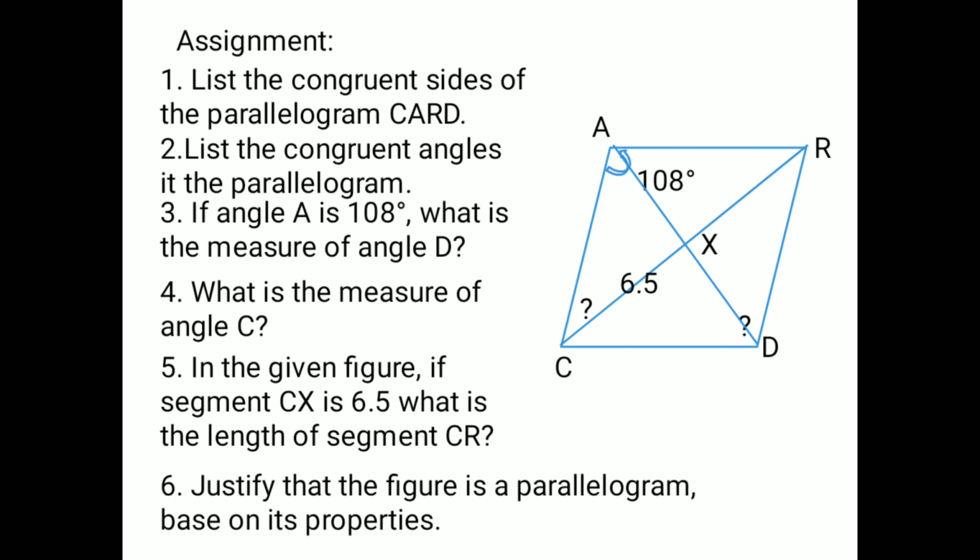And number 5, in the given figure, if segment CX, which is part of the diagonal CR, what is the length of the segment CR? Number 6, justify the figure is a parallelogram based on its properties.